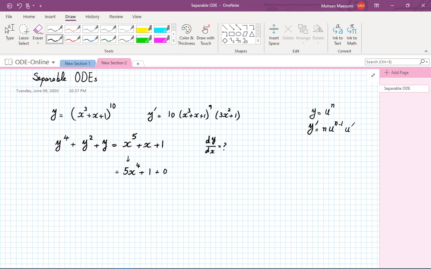When it comes to the left hand side, many students make a mistake of taking the derivative by just writing 4y cubed. That is incorrect because we are differentiating y with respect to x, and differentiating y with respect to x is just like differentiating u to some power with respect to x. So the derivative here is 4y cubed times y prime, and here is 2y y prime, and here the derivative of y is just y prime.